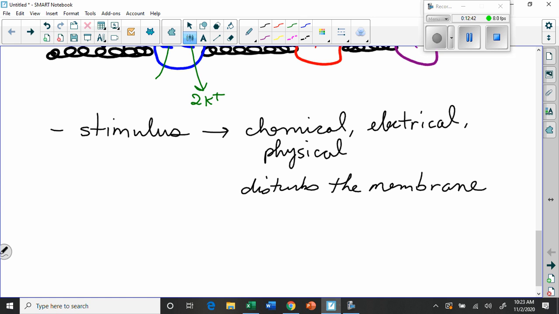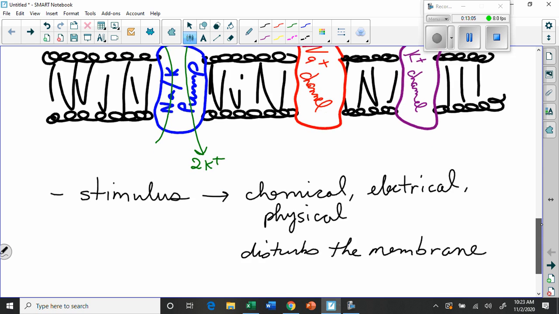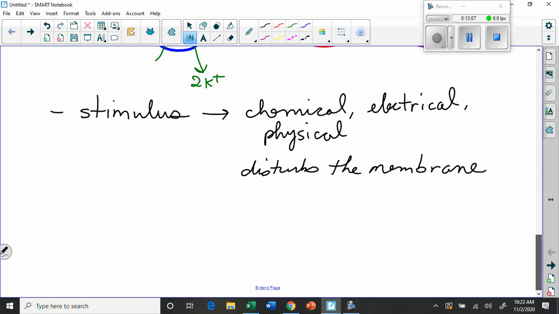So the stimulus will disturb the membrane in such a way, and it will cause one of these gates, and we're going to talk about the sodium channel, which is normally closed. Obviously, these gates are closed because if they were open, the sodium-potassium pump would be pushing the sodium out, and then it would flow back through, and you wouldn't achieve anything. So these gates are typically closed unless something disturbs the membrane.